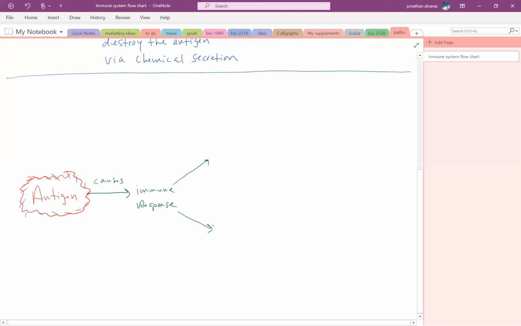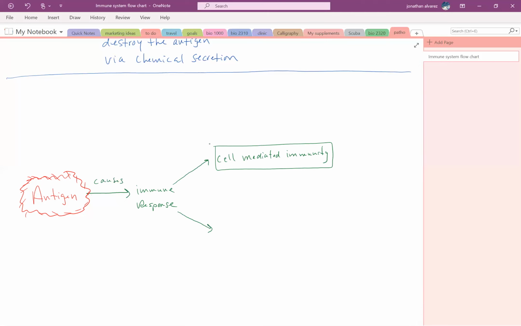One direction is called cell-mediated immunity. And the other direction is called antibody-mediated immunity.